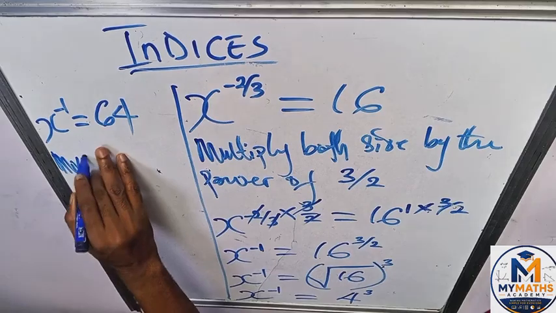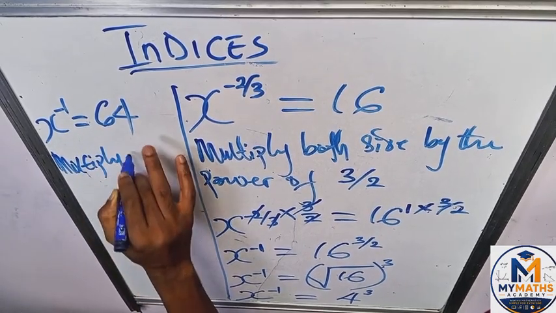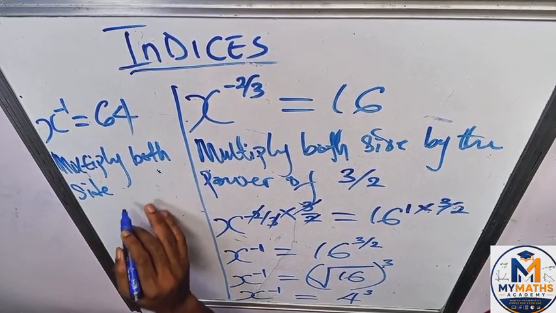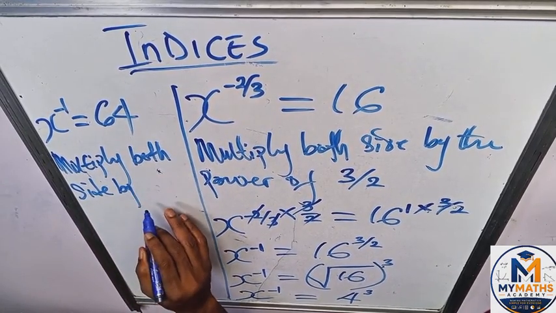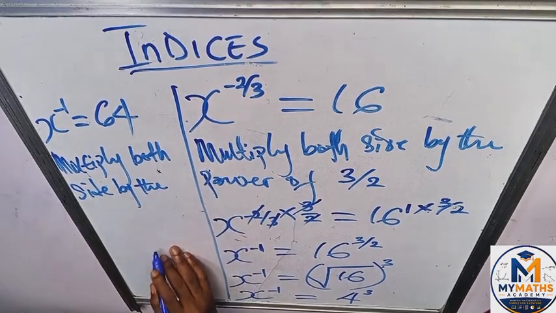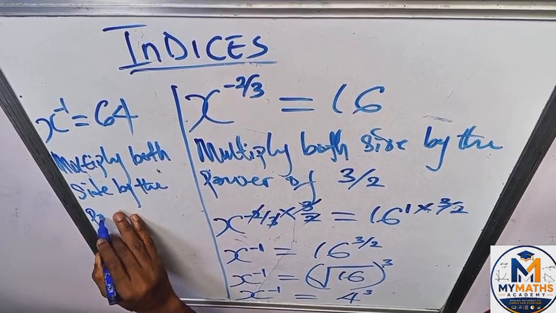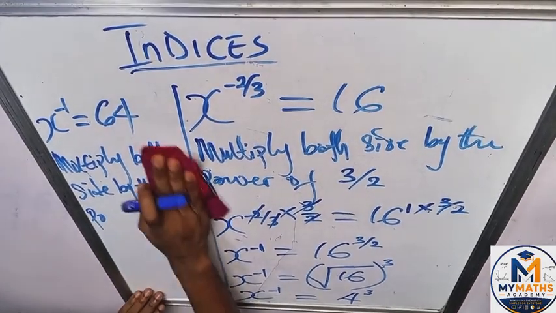Okay, so multiply both sides by the power. Okay, sorry, let me use this side.